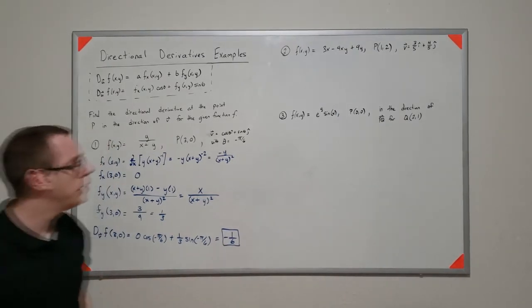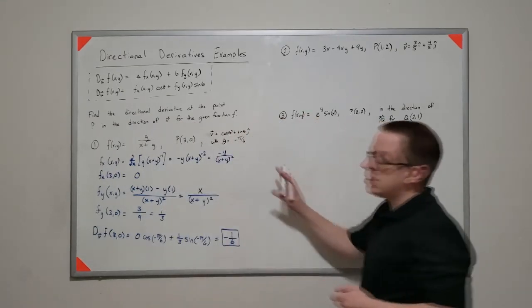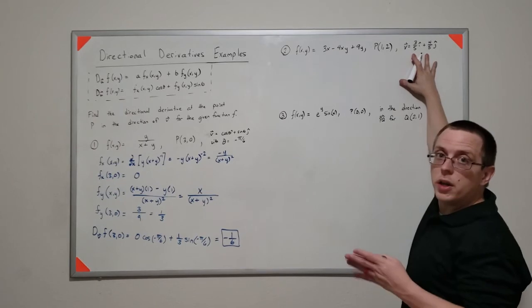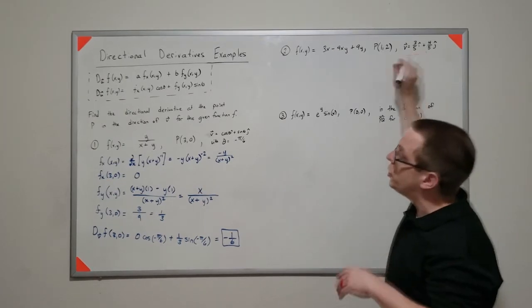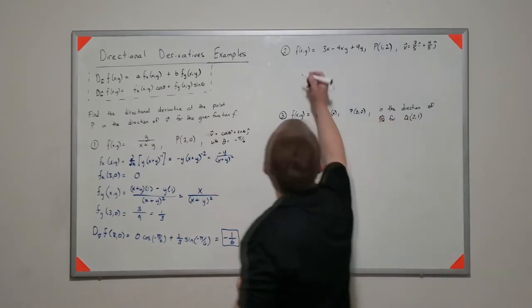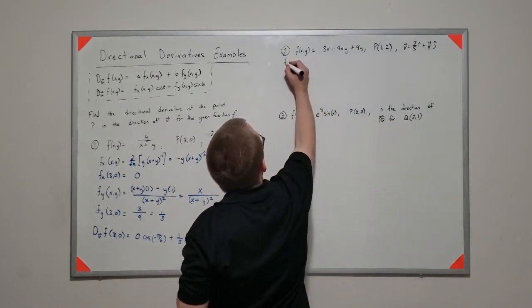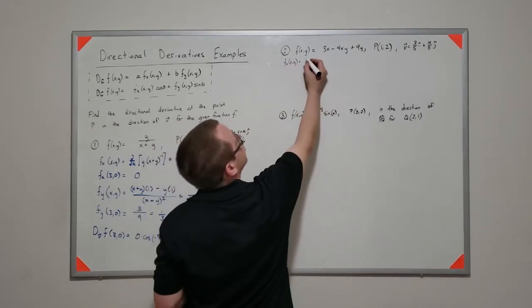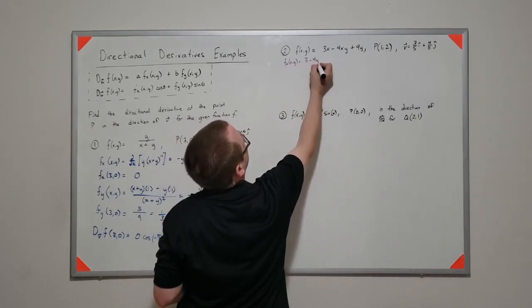Let's do a second one. Same process. So let's go ahead and check. This is v. This is already a unit vector, so we're in good shape. We can use this function. So let's start writing it out. Partial with respect to x is just 3 minus 4y.